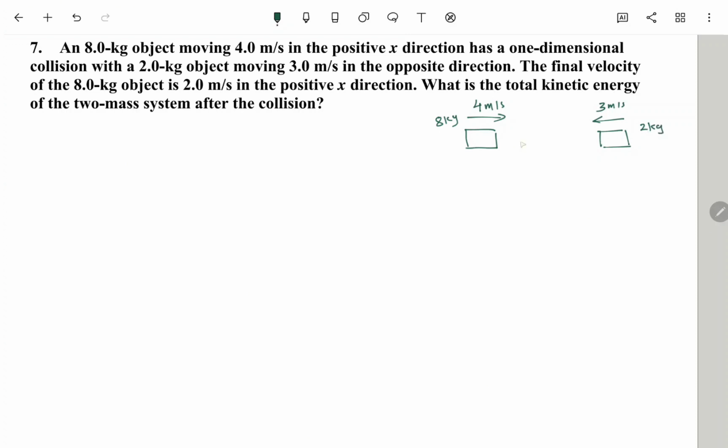When they collide, the 8 kilogram object is moving in the positive x direction with velocity equal to 2 meters per second. The question: what is the total kinetic energy of the two-mass system after the collision?